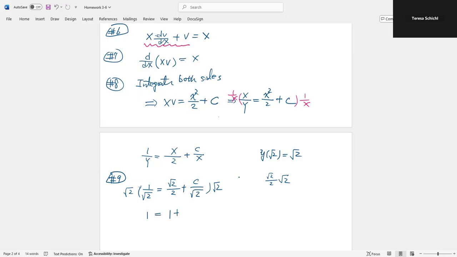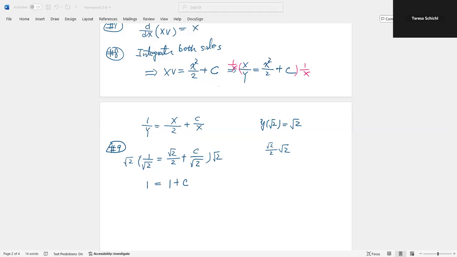So 1 plus c. Now I can solve for the value of c here. So we say c equals 0.